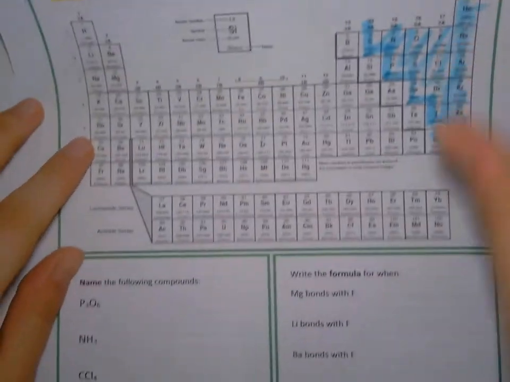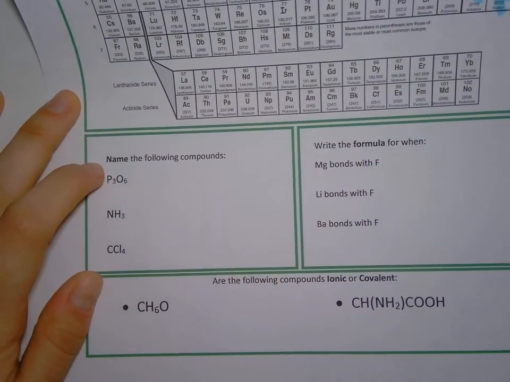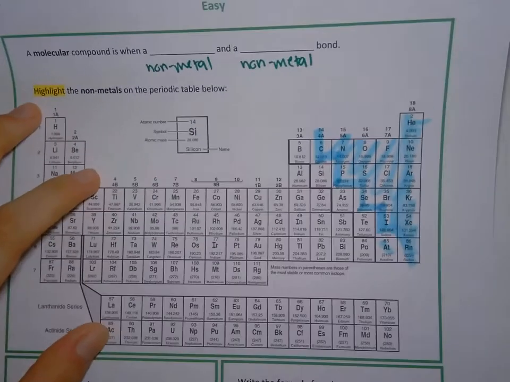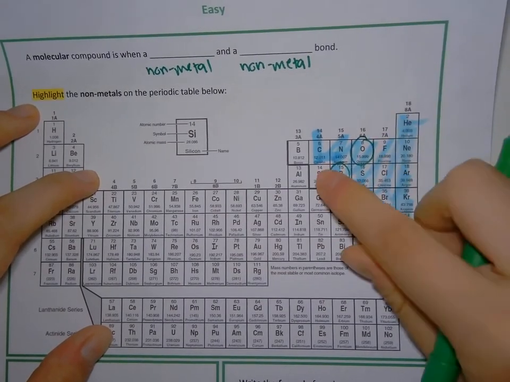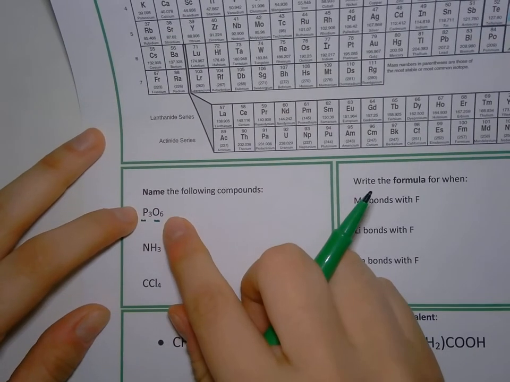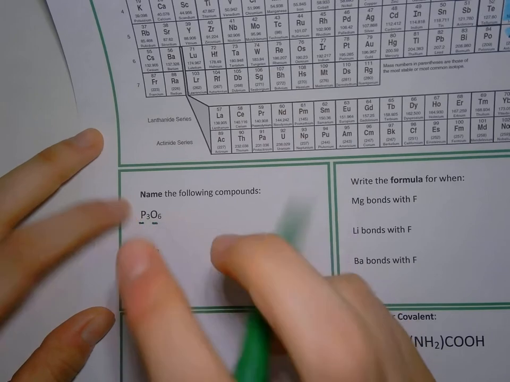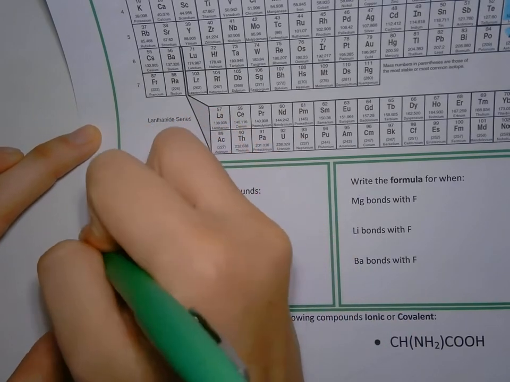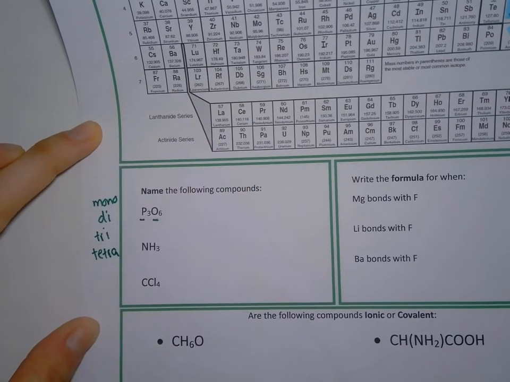All right, easy enough. Next, name the following compounds. So I see that this is phosphorus and this is oxygen. So phosphorus and oxygen, these are two nonmetals. So this is a molecular compound, and I am going to name it with the prefixes. Remember, mono, di, tri, tetra, those prefixes.